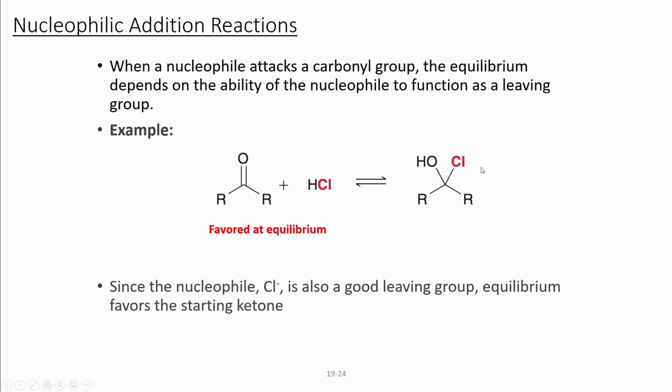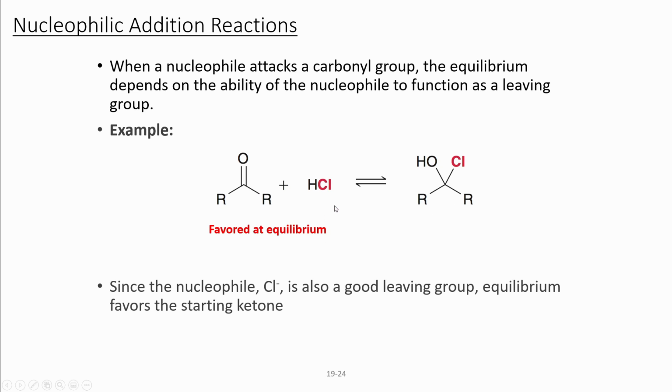It's important for us to note, though, that these reactions, at least in the acidic condition, are going to all be equilibrium reactions. So when the nucleophile attacks the carbonyl group, which direction the equilibrium is favored is going to depend on how nucleophilic the nucleophile is and how strong a leaving group will exist from the nucleophile.